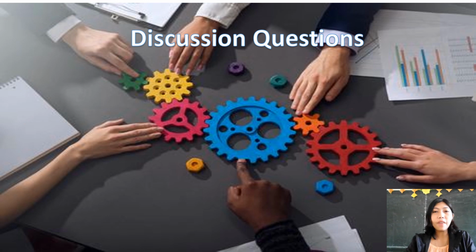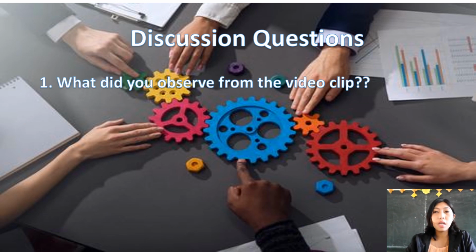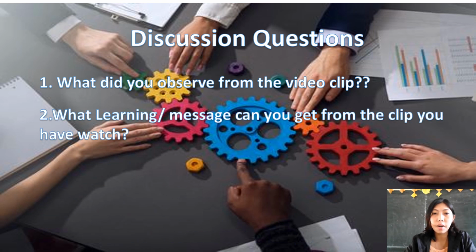Okay. Let's have your discussion questions. You have watched the clip already. Number one: what did you observe from the video clip? It's working together in accomplishing one set of goals that makes up teamwork between the penguins, the ants, and the crab.